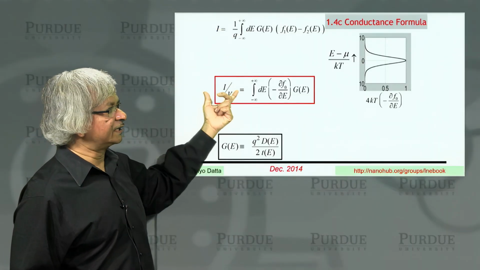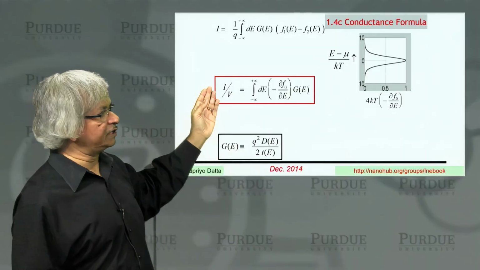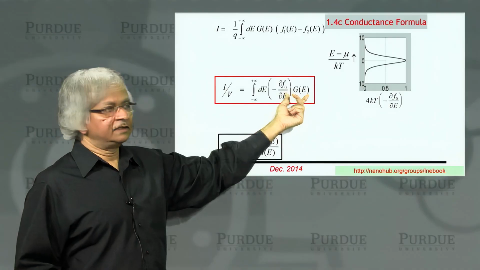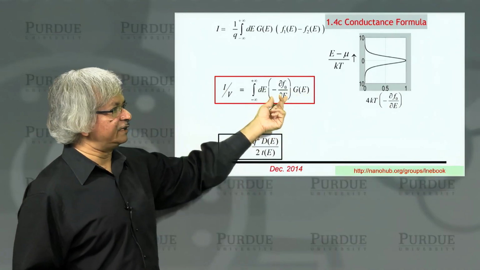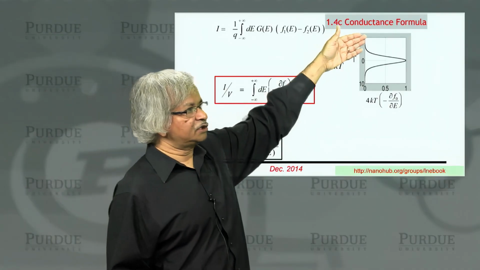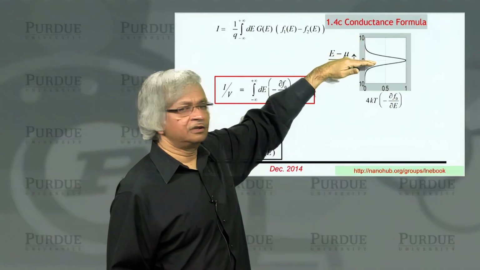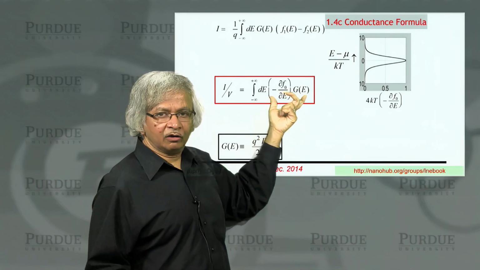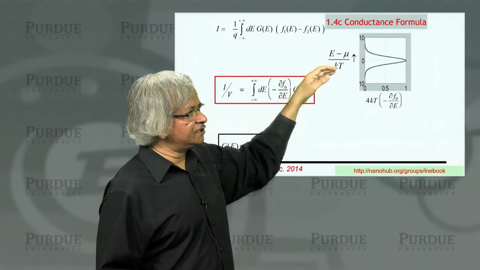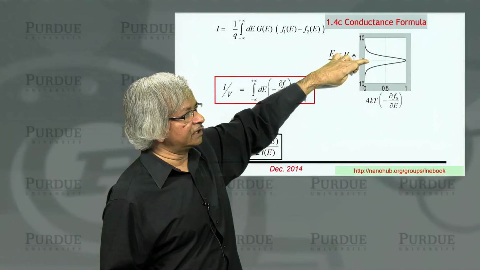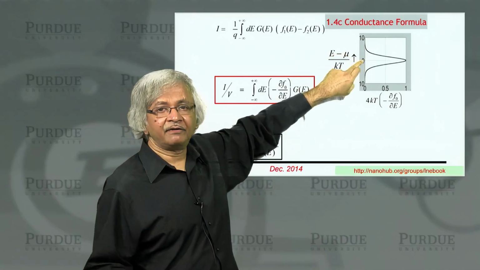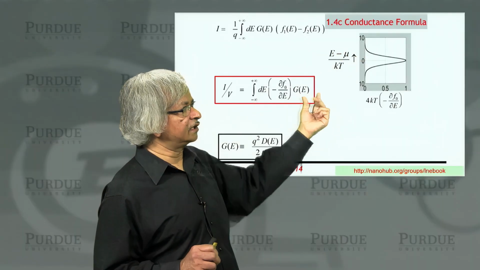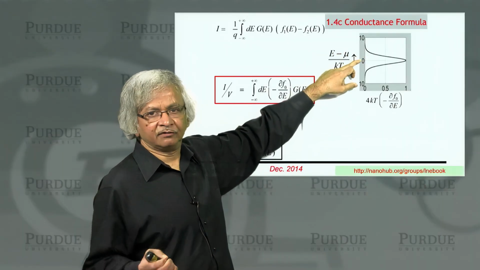What it tells you is that the measured conductance, this current over voltage, is like an average of this conductance function, in the sense that you multiply it by del F del E, this quantity which I had shown before, which has a peak right around E equal to mu, and then dies out. So when you find the observed conductance, it is largely determined by the value of the conductance at E equal to mu. In fact, at zero temperature, it is essentially just the conductance at that energy, whatever that is.